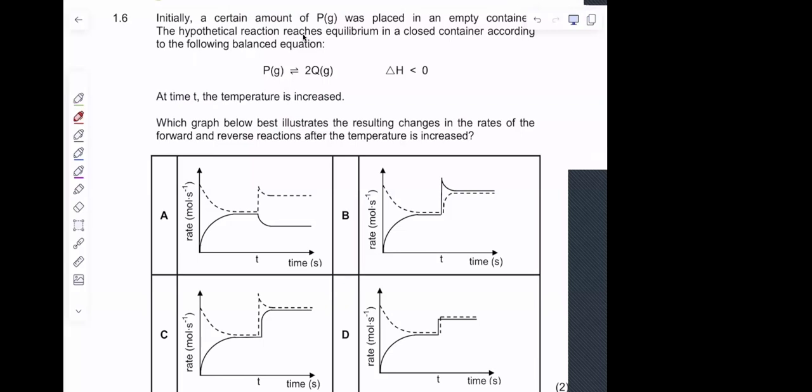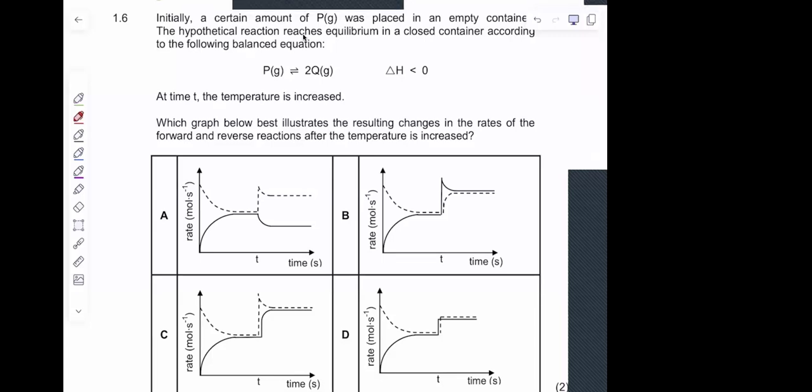Which graph A, B, C, or D best describes the resulting changes in the rates of the forward and reverse reactions after the temperature is increased? Okay, almost ready to do the correction.